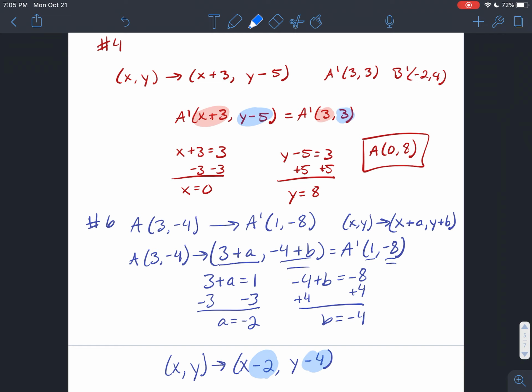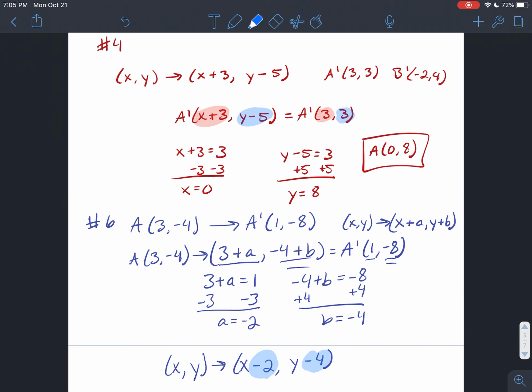All right. Oh, on the back side. Oh my gosh, I almost forgot about the back side. Flip it on over. On 1 through 4, it's already got the image plotted. It's asking you to plot the new image. On numbers 5 and 6, it's got the pre-image and the image, so the new and the translated, and it's asking you to write the vector notation and the translation rule.